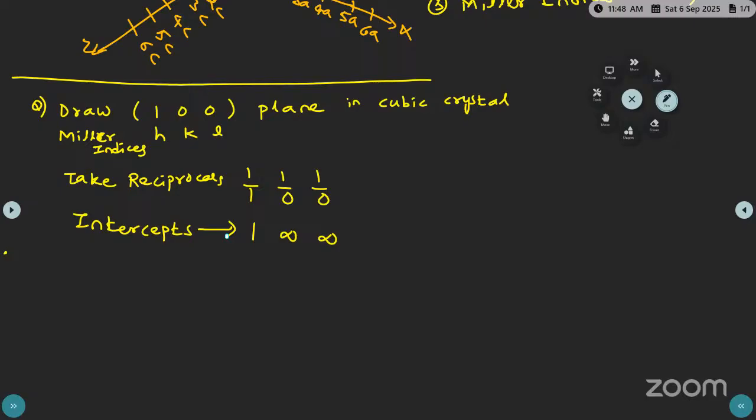That particular plane is parallel to that particular axis. We wrote it in those points: if any plane is parallel to any one of the axes, then its intercept on that axis is taken as infinity.